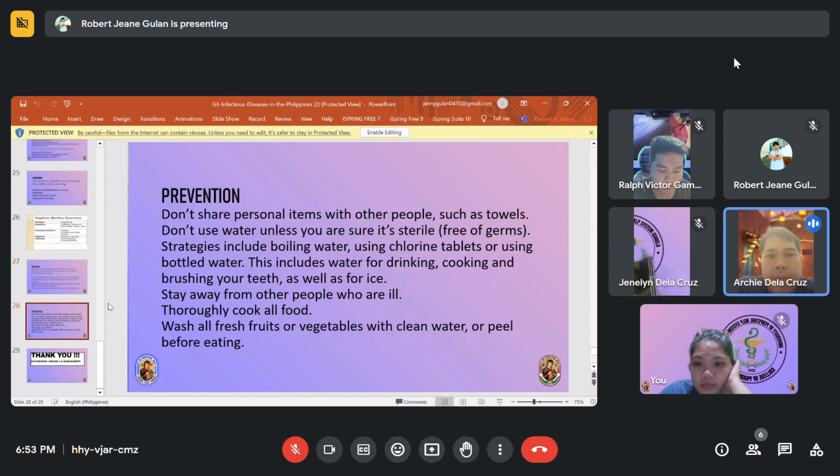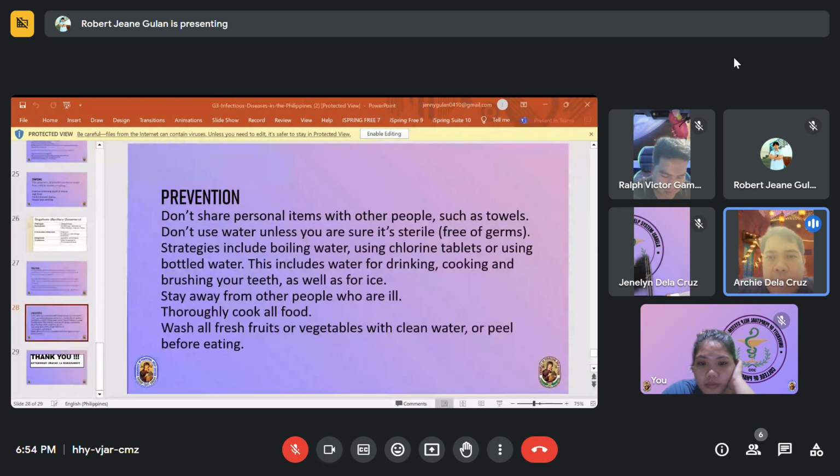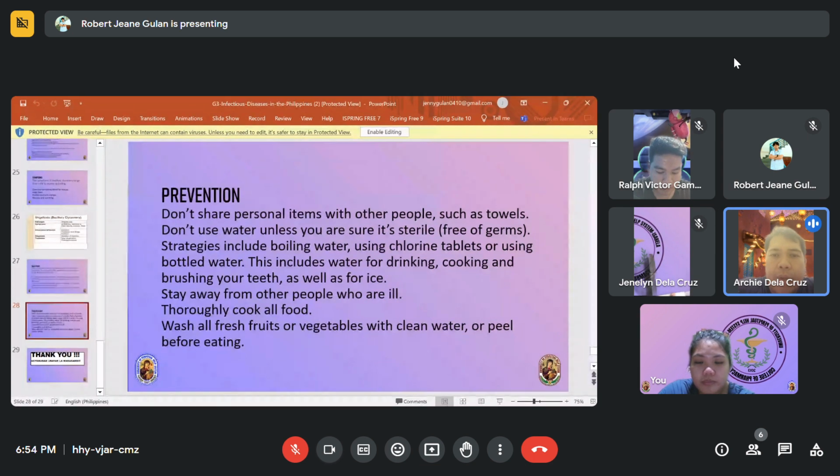Next tayo sa slide. The prevention again: don't share personal items with other people, such as towels. Don't use water unless you are sure it's sterile, free of germs. Strategies include boiling water, using chlorine tablets, or using bottled water.